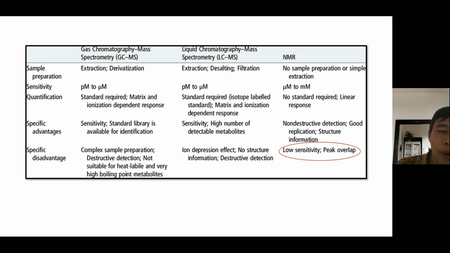But when you deploy LCMS or GCMS, your sample has been extracted. It may degrade or alter it, and therefore it may cause different detection results afterward because your samples change over time. And this is the specific disadvantage of using GCMS, gas chromatography mass spectroscopy, that of course, in order to prepare your samples, you need to deploy extractions.